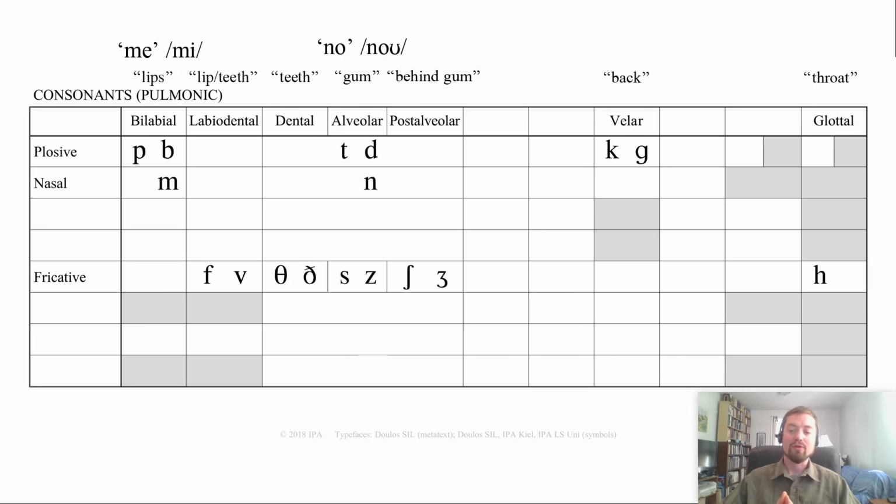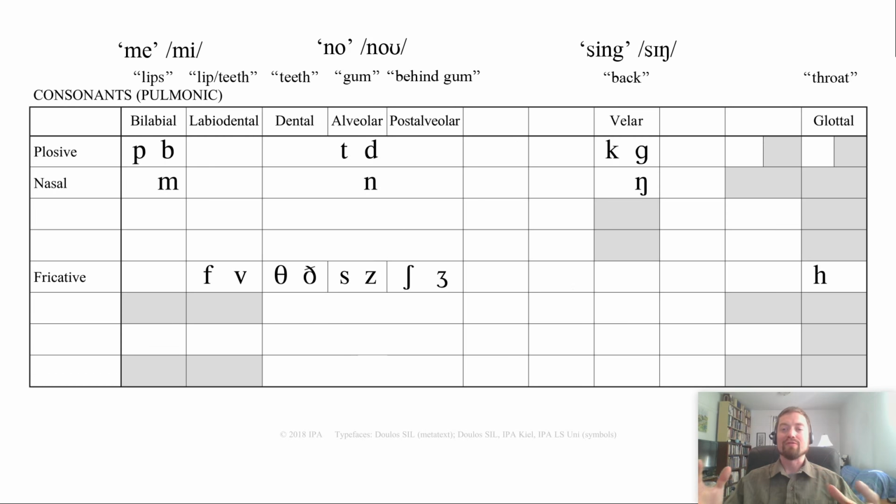And so many people, when they hear an NG word, such as sing, imagine that there's a G in there, but there's really no G sound in a word like sing. We often write it as NG, but it's simply a nasal sound that is to G what N is to D and M is to B.